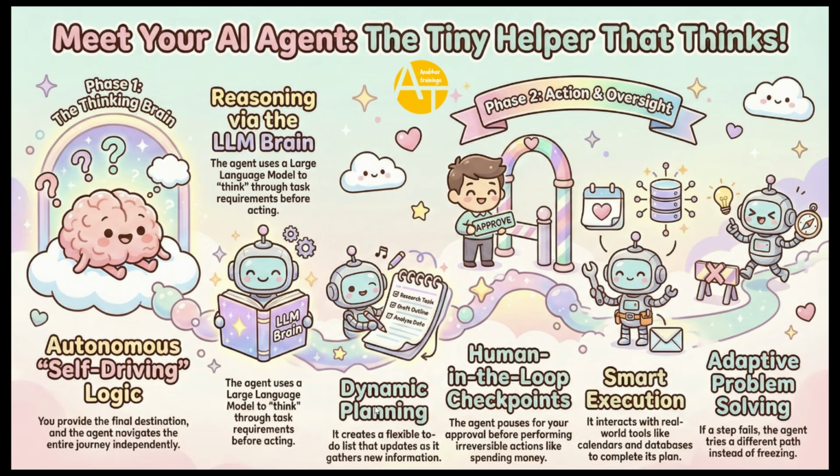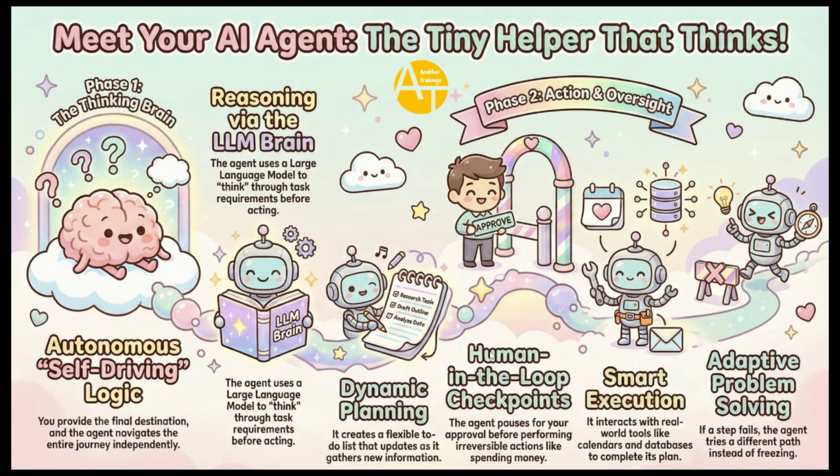So it does dynamic planning in the next step, where it creates a flexible to-do list that updates as it gathers new information. In the third step, the human comes into the loop for a final checkpoint. For example, you have given the agent a task. Now, after creating the plan, the agent needs an approval from the human. This is where only the human comes in.